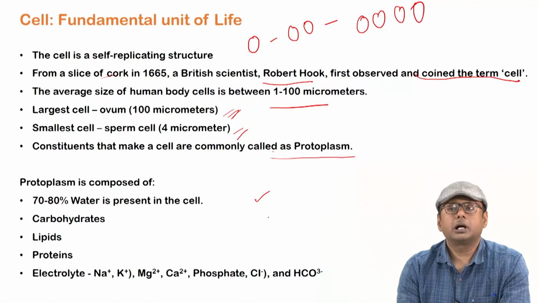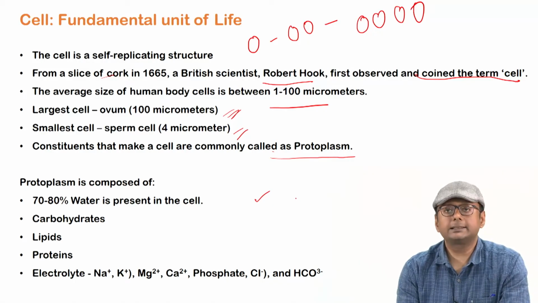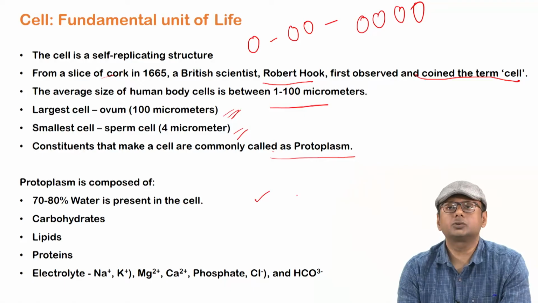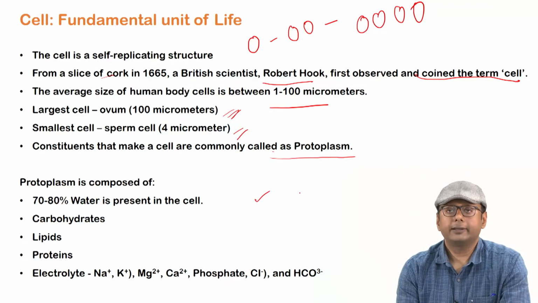Then you have carbohydrates, lipids, proteins, and different types of electrolytes like sodium, potassium, magnesium, calcium, and bicarbonate. These important electrolytes have very specific roles. We will discuss their roles in detail in the next two ion transport classes, and they are very important for overall cellular function.